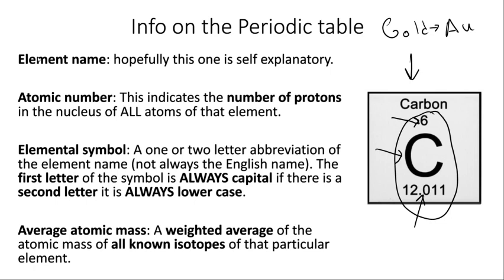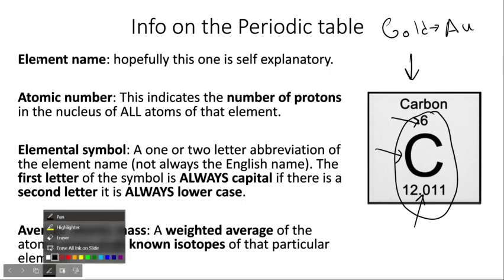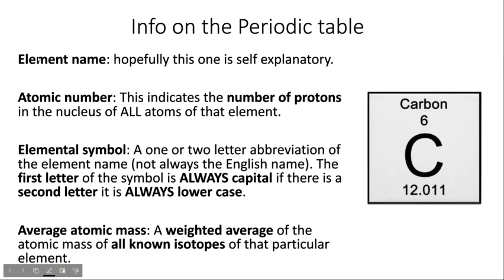We'll just say that it is an average based on the percent of that particular type of isotope, rather than just a straight average where you add up the masses of all the isotopes and you average them together like that. So it is a weighted average. It is based on the percent of any given isotope, rather than just a straight average.